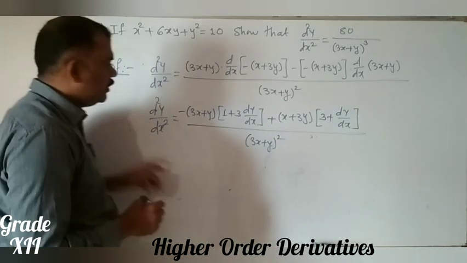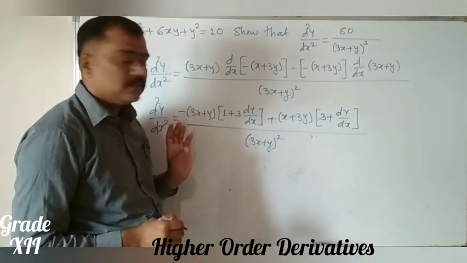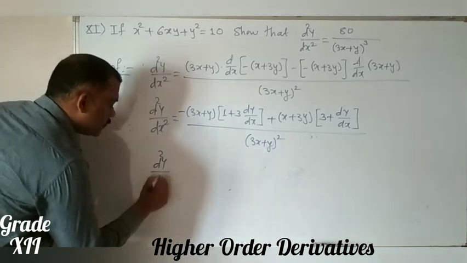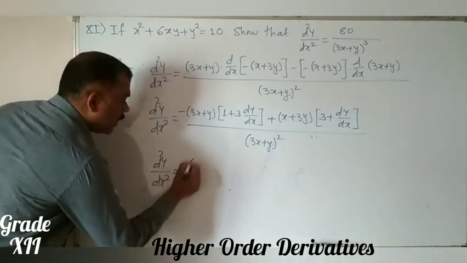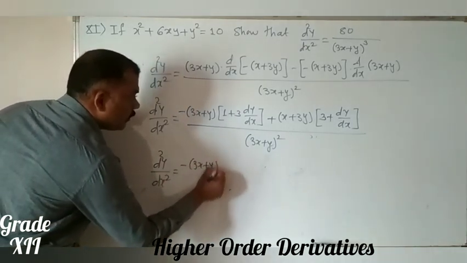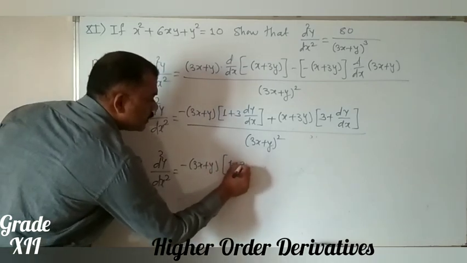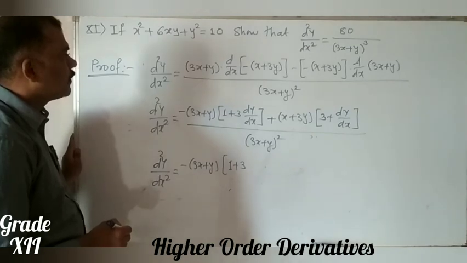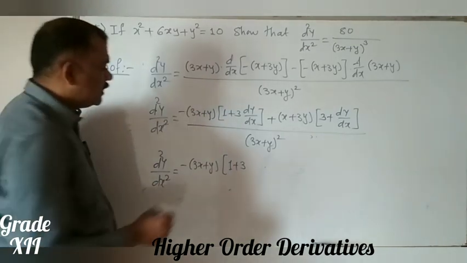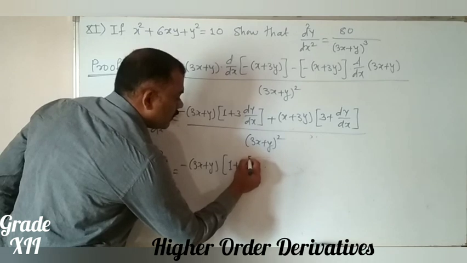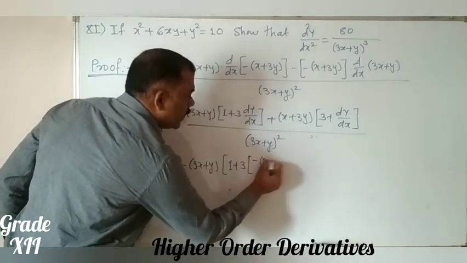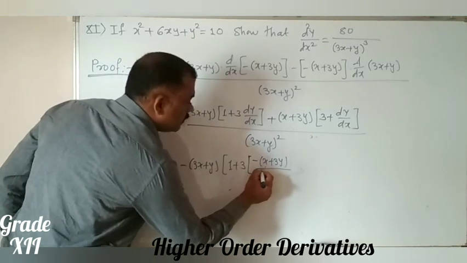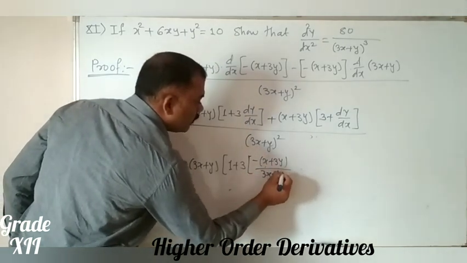Now here we have to use the value of dy by dx. What is the value of dy by dx here? d2y by dx square is equal to minus (3x plus y) into (1 plus 3 into, what is the value of dy by dx? dy by dx is nothing but minus (x plus 3y) divided by (3x plus y).